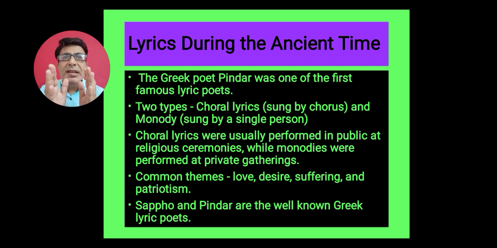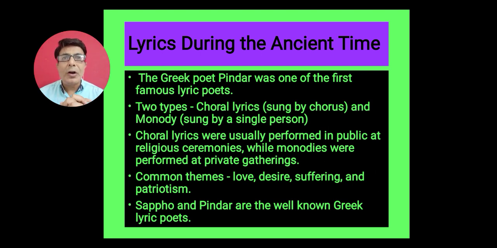Okay, these choral lyrics sung by a group of singers were usually performed at public places on religious occasions, right? And monodies were performed in private gatherings. So choral songs sung by a group of singers were sung on religious occasions in public, and monodies sung by a single singer were sung in private gatherings.